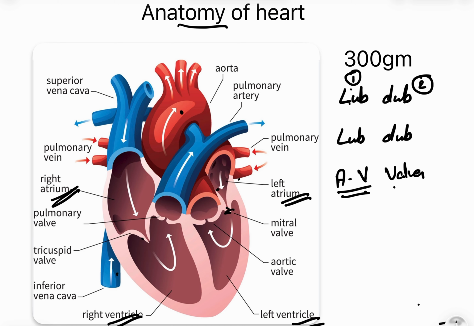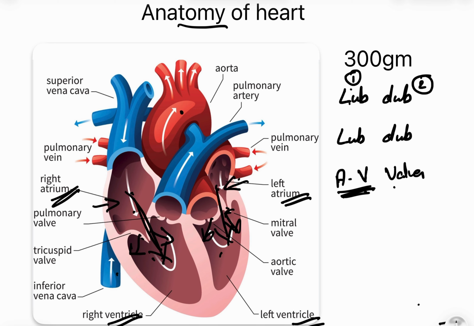So at the first heart sound, the top part of the heart contracts. Both valves open, and blood flows from the atria to the ventricles, not just the right atrium but the left atrium as well. So the lub sound, or first heart sound, is where the atrioventricular valves open, and that pushes the blood down to the ventricles from the atria.